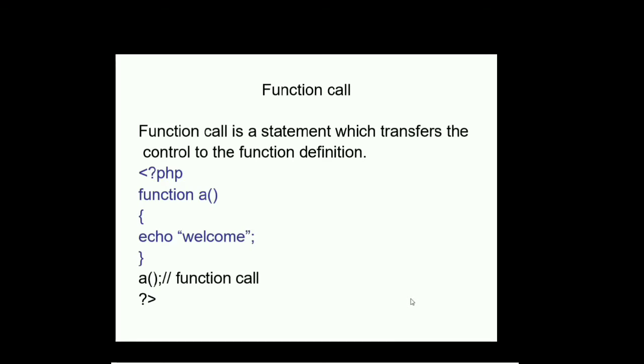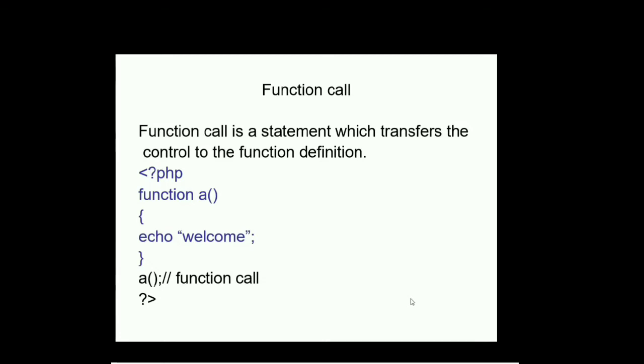On the top line you have the PHP tag, so it won't execute. Then the next line you have function A, it won't execute. You have curly brackets, it won't execute. Then it will come to echo, won't execute, and the closing curly bracket won't execute. But the first line which executes here is the function call. Once it sees the function call, it automatically jumps to the function definition.